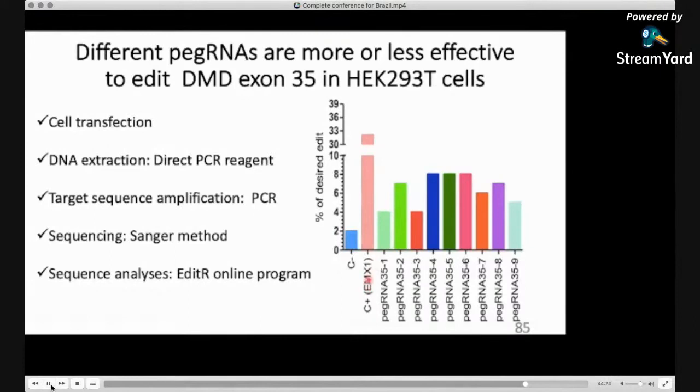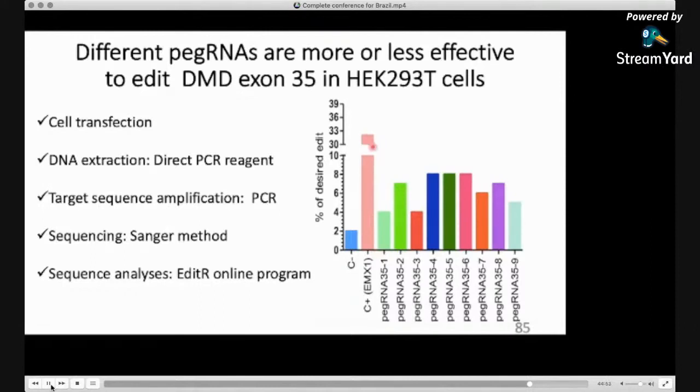The DNA was extracted 3 days later, and the targeted sequence was PCR amplified and sequenced using the Sanger method. The sequences were analyzed using the EDITR online program. Essentially, we observed a 32% correction of mutation of the EMX1 gene as done by Anzalone et al.